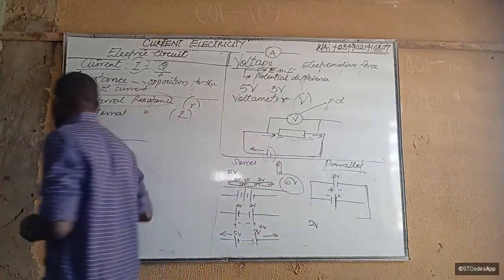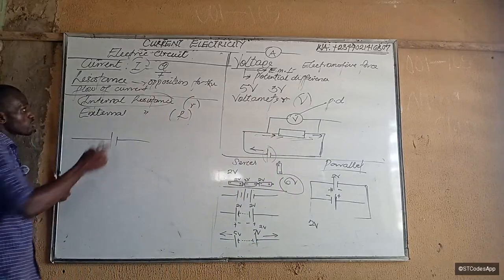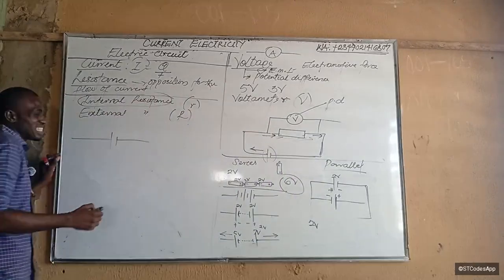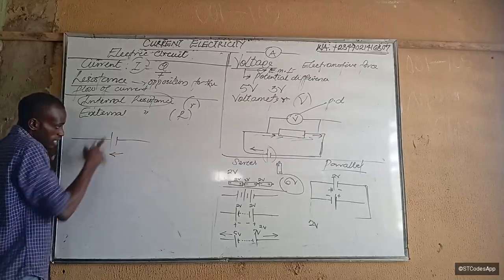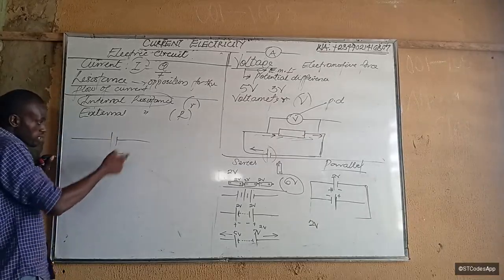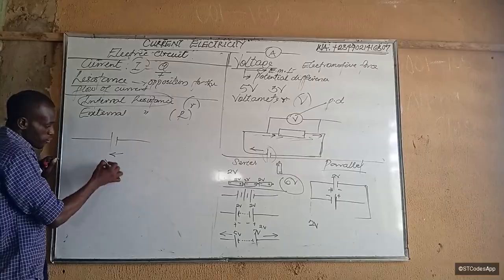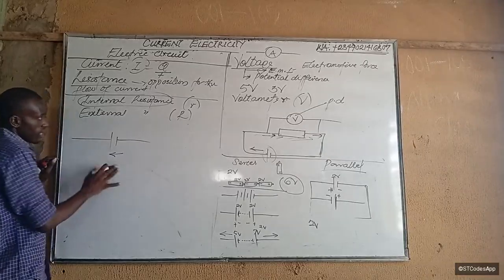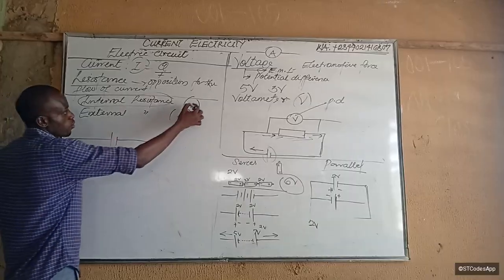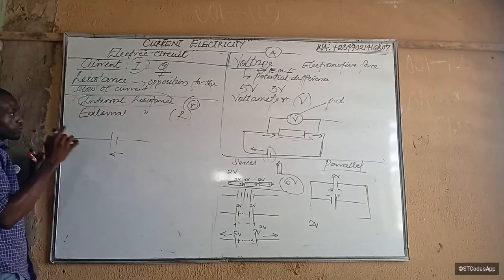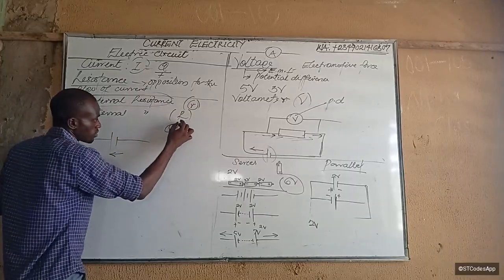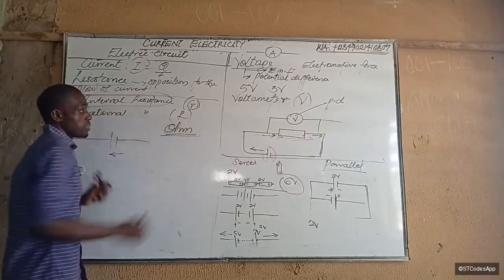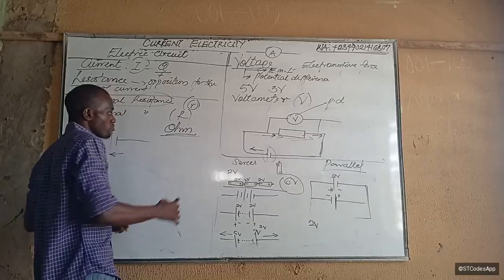Okay, so that 1 volt that it lost was lost due to the internal resistance. So some voltage is lost in this place, due to what? Internal resistance. This is where something called Ohm's law now comes in. Okay, Ohm's law, named after George Ohm.